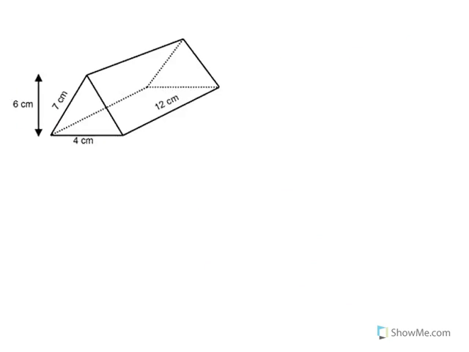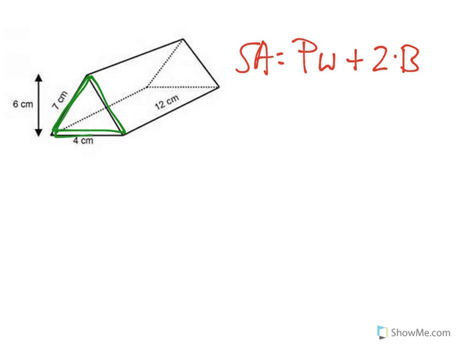Let's try a triangular prism. Surface area equals perimeter times width plus 2 times the area of the base. Perimeter of my special shape, perimeter. Well, I have a 7, a 7, and a 4.